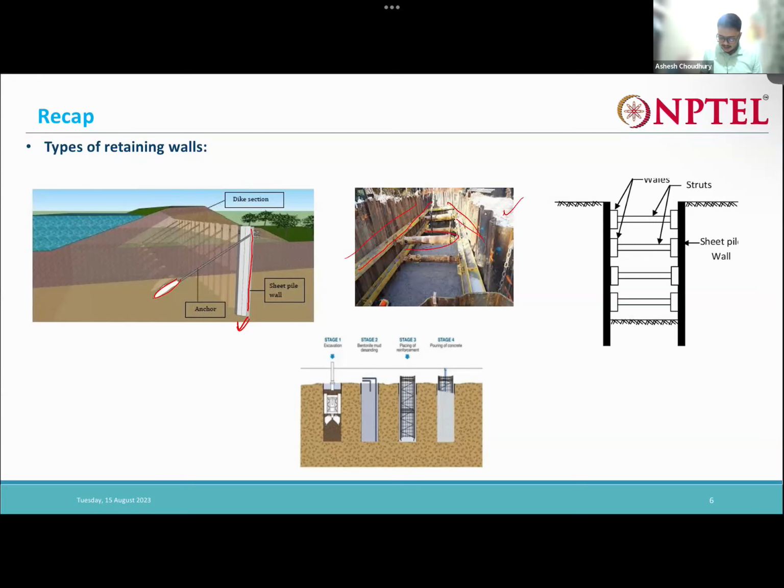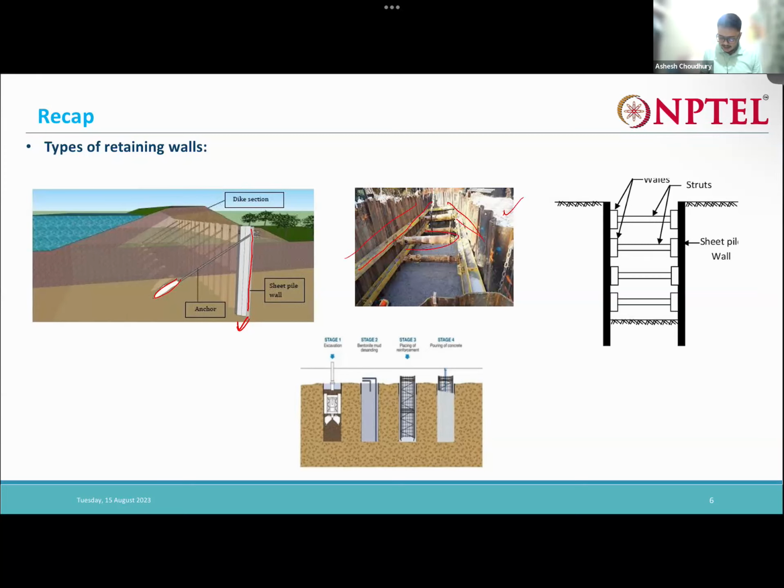Then you can see here some stages are shown. Stage one is excavation, stage two is bentonite mud being sprayed, stage three is the placement of reinforcement, and stage four is the pouring of concrete. This is similar to pile construction, right?